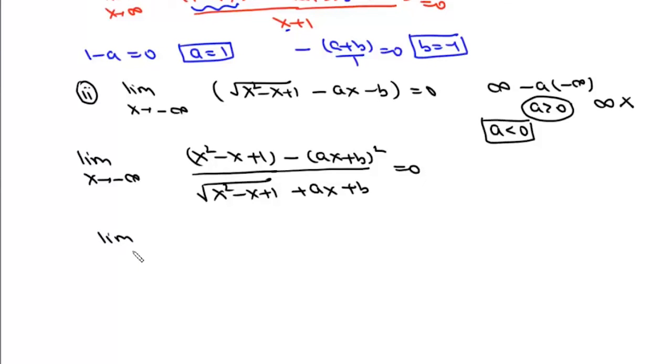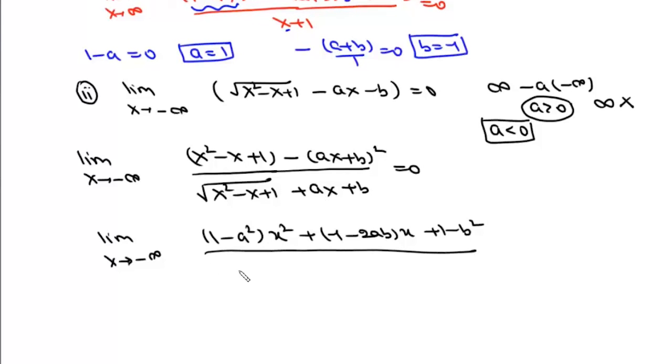Now we write this as limit x tends to minus infinite, and here will be this (1 minus a square) x square and then plus (minus 1 minus 2ab) x and plus (1 minus b square) upon under root of x square minus x plus 1 plus ax plus b, and it must be equal to 0.